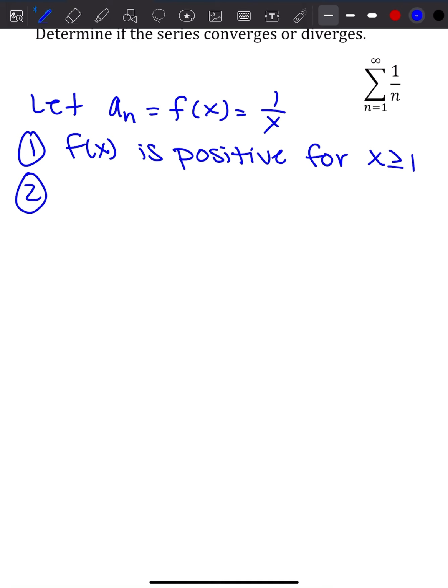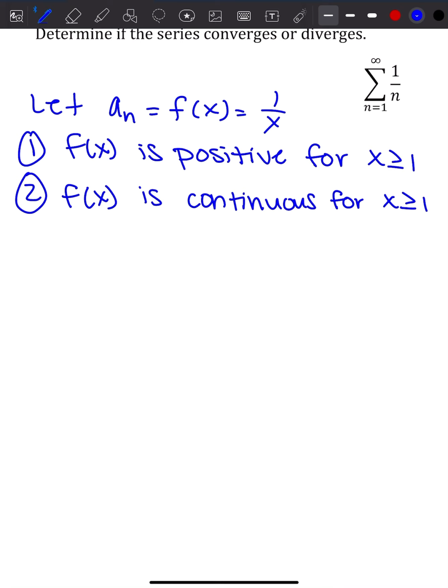The only time we'd have an issue with 1 over x is at 0, because we're looking at values bigger than 1. f of x is continuous for x greater than or equal to 1.